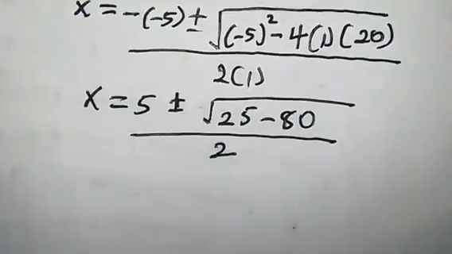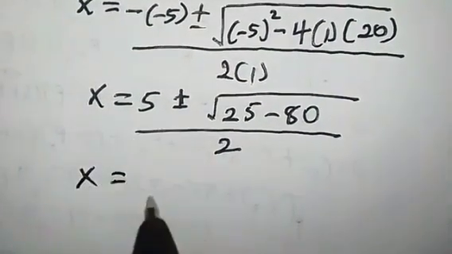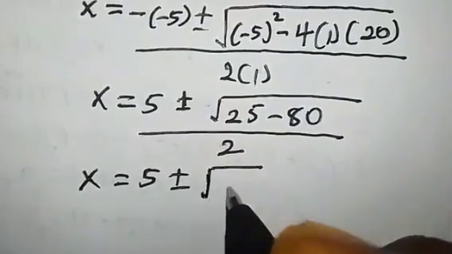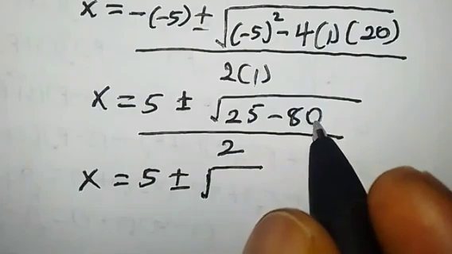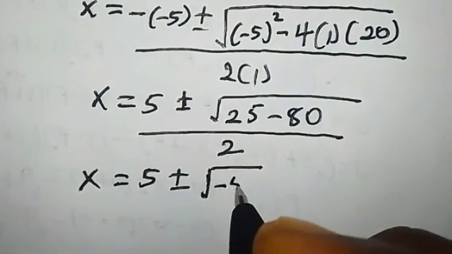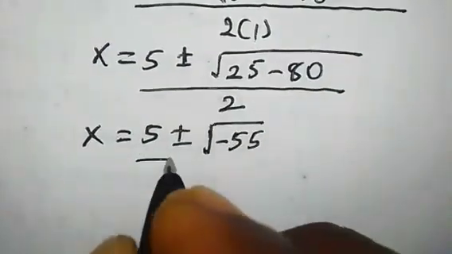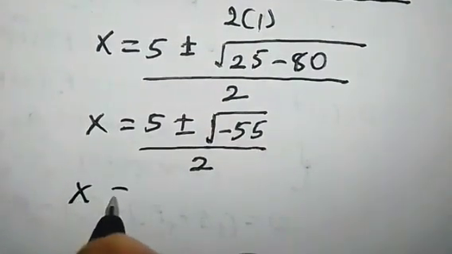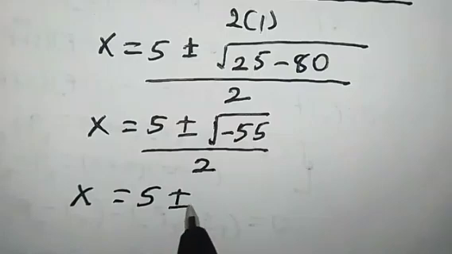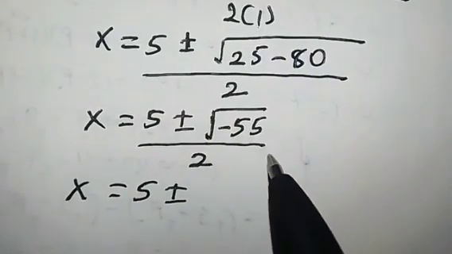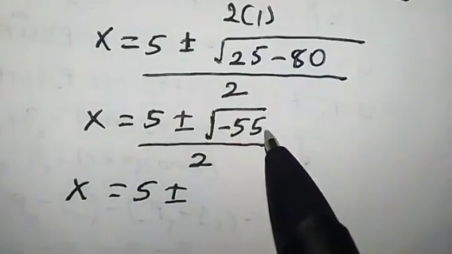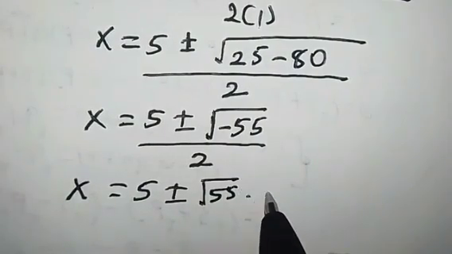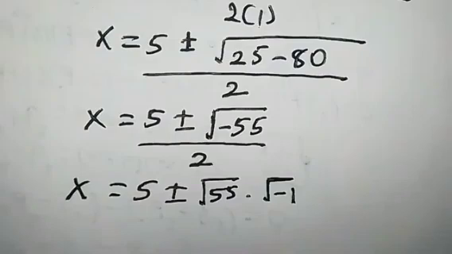Let's continue. x equal to 5 plus or minus square root of 25 minus 80, that is minus 55, everything divided by 2. Let's proceed further. x equal to 5 plus or minus, I can rewrite square root of minus 55 as square root of 55 times square root of negative 1.